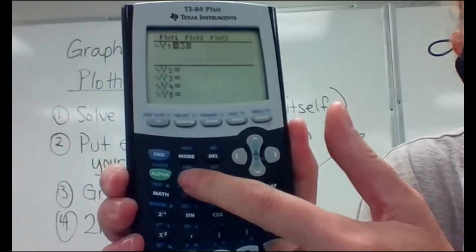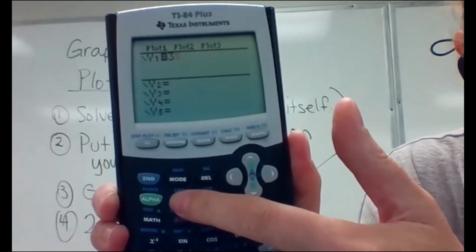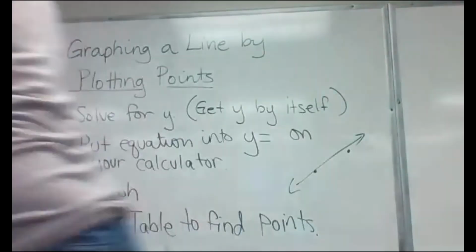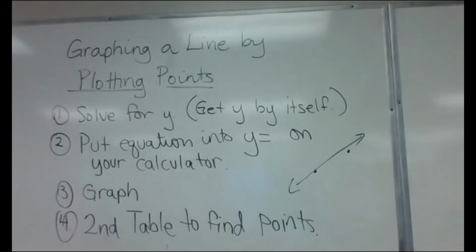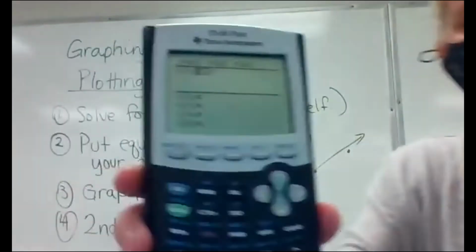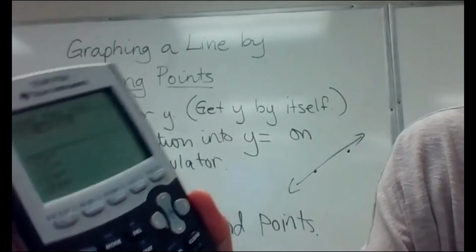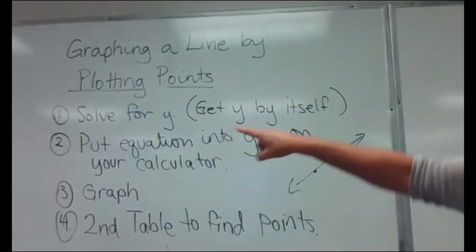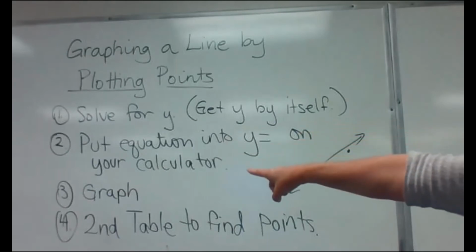Watch when I push this button right here, it'll give me an X. So 3x plus 1, so there, if I type in now, plus 1. So that's step 2, putting your equation into the y equals on your calculator.